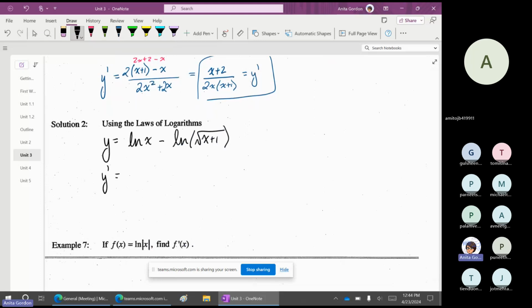Y prime is 1 over x minus 1 over root x plus 1 plus the derivative of root x plus 1, which is 1 over 2x plus 1, root x plus 1.